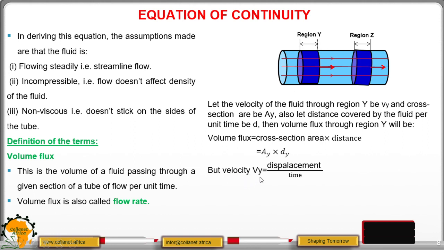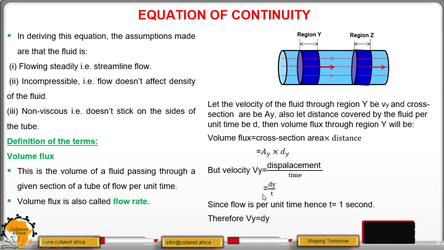But we know velocity Vy is given by displacement divided by the time. And displacement is already dy and time is t. Since flow is per unit time, it means that the time is 1 second.